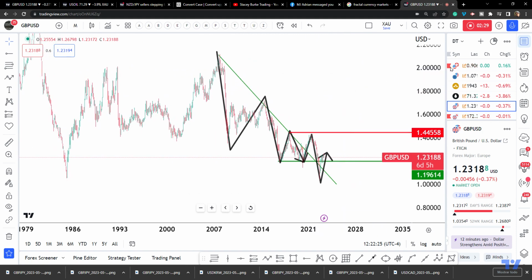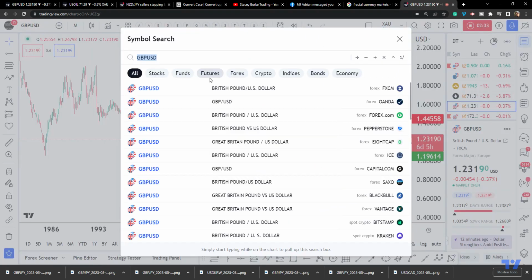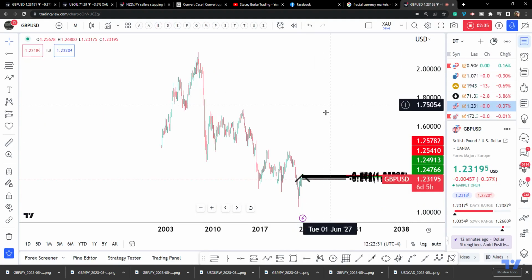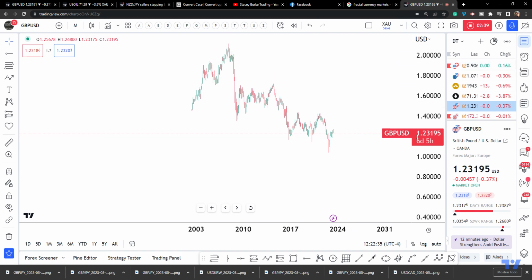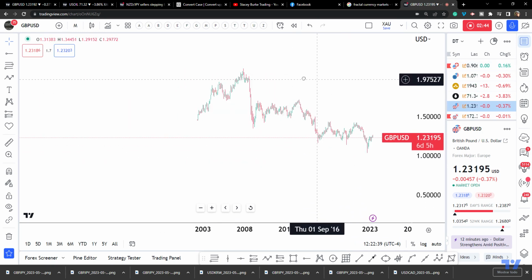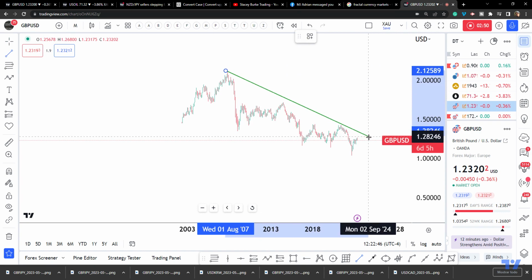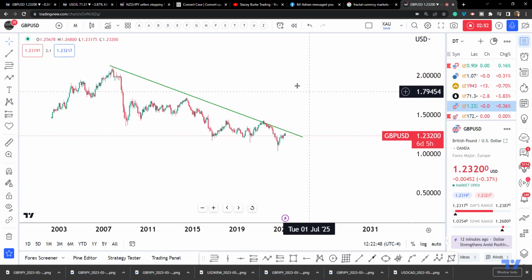Or you might be thinking, well, no, I don't agree with that analysis. What I think is this market is still in a bear trend. You draw your trend line like that, however you want to do it.